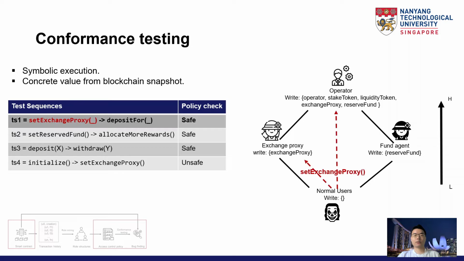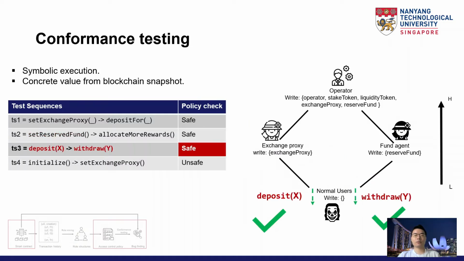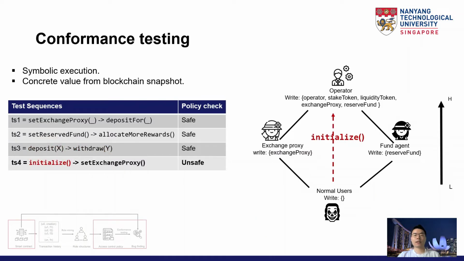The first test sequence fails because the set exchange policy function cannot be executed successfully. Therefore, the access control policy is safe. Similarly, the second and the third test sequences are safe. For the last test sequence, the attacker calls the initialize function.